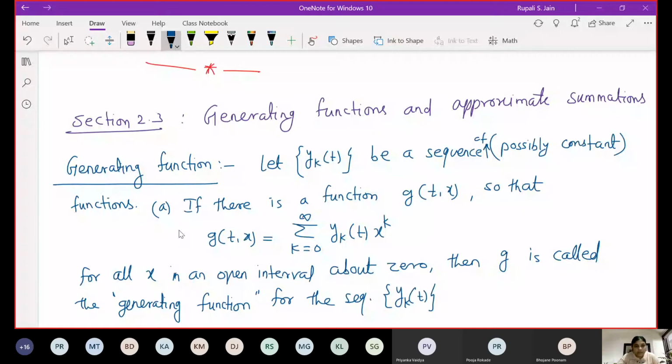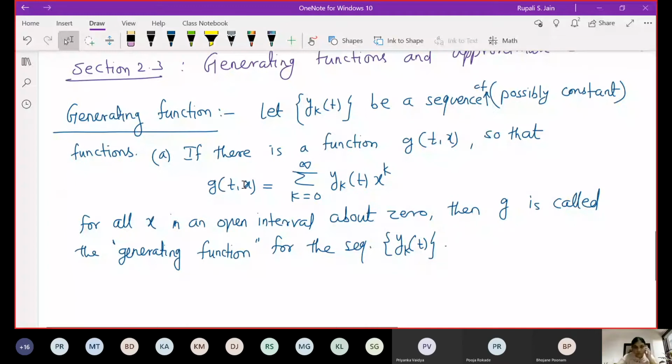Then we are defining that if there is a function g(t, x) so that g(t, x) is equal to the infinite sum of y_k(t) x raised to k for all x in an open interval about 0, then this small g is called the generating function for the sequence y_k(t). So the generating function for y_k(t) is just the infinite sum of y_k(t) x raised to k.